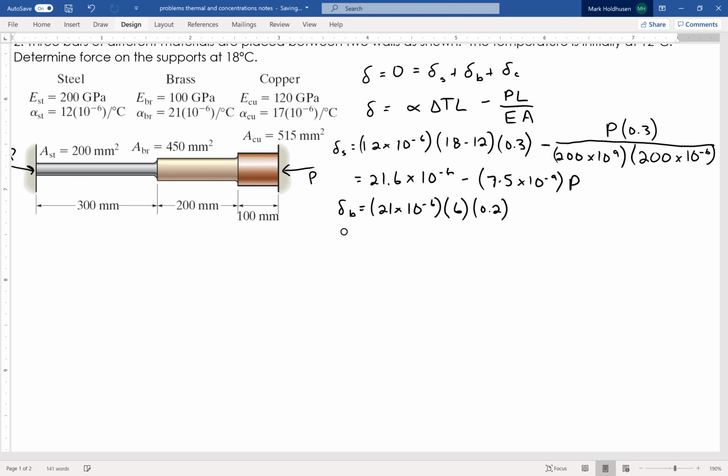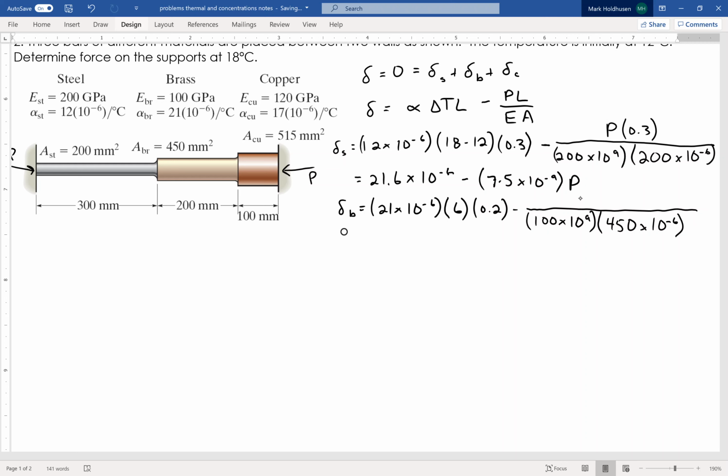Now I do the compression due to the force, negative. E is 100 times 10 to the 9th. A is 450 times 10 to the minus 6. Again, that's gigapascals, and then switching to square meters from the square millimeters that were given.